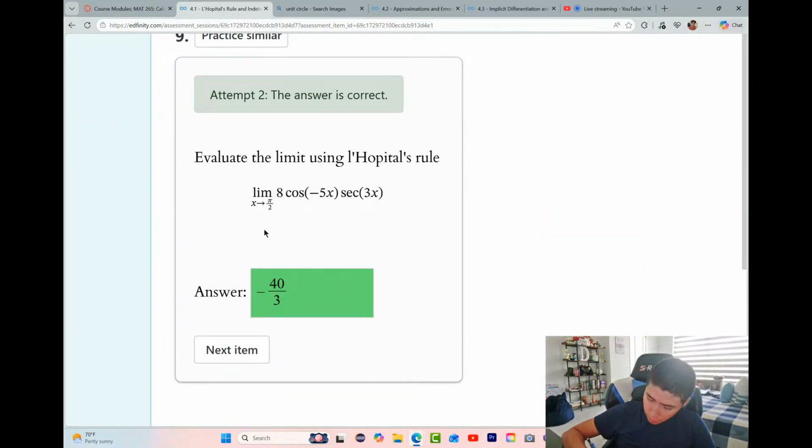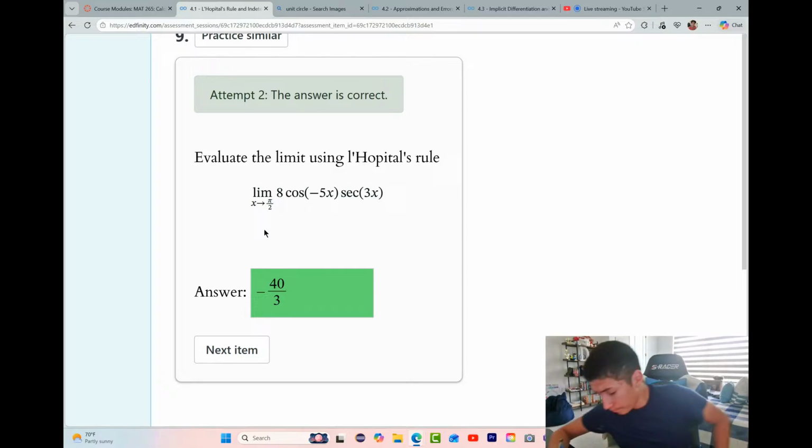So we have the limit as x tends to pi over 2 of 8 cosine of negative 5x over cosine of 3x. Oh, I'm getting tired.